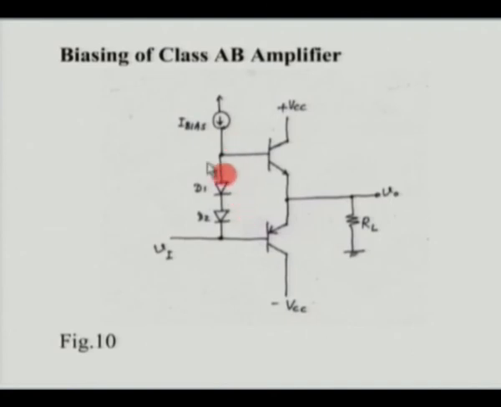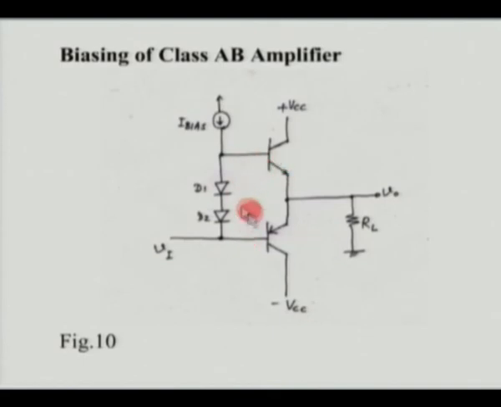We know that the VB voltage is related to the bias current by the equation Vt ln I by Is. So by adjusting the value of I bias to the desired value, we could get whatever desired value of VB here. Essentially, we are ensuring that you have 2 VBE between these two bases.